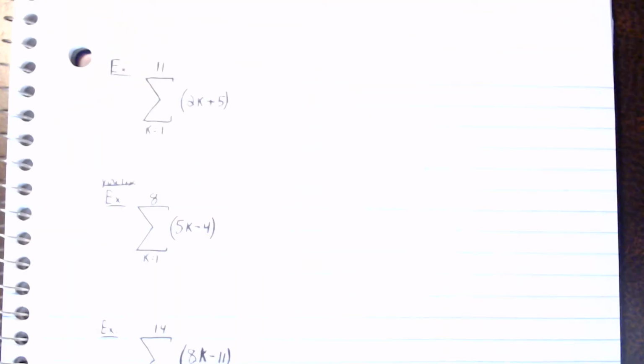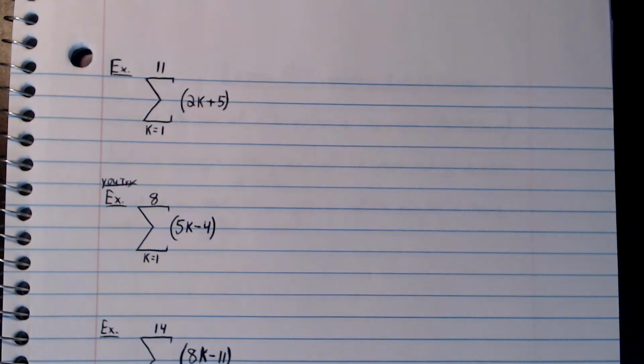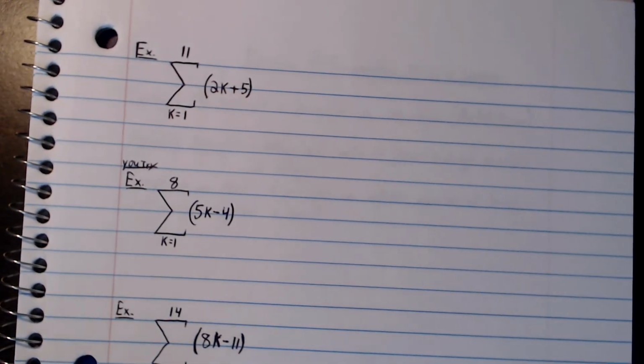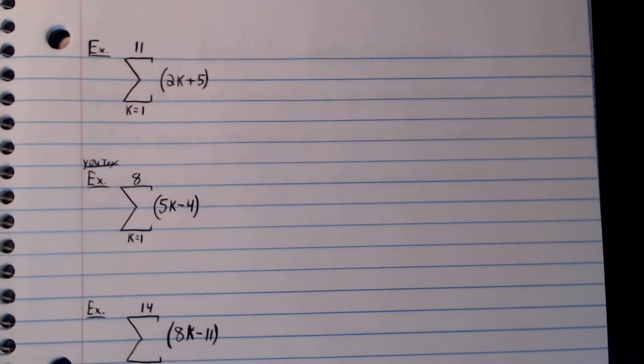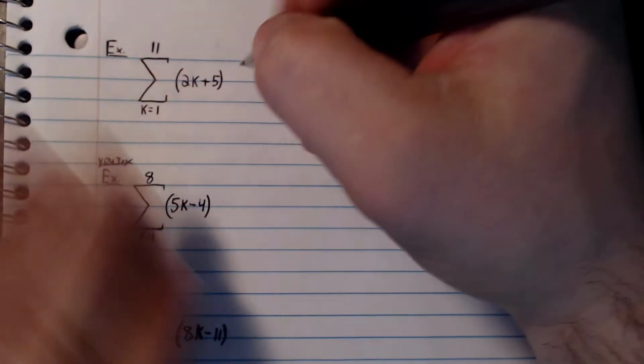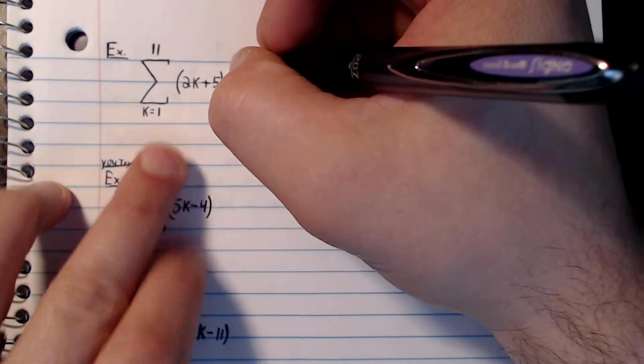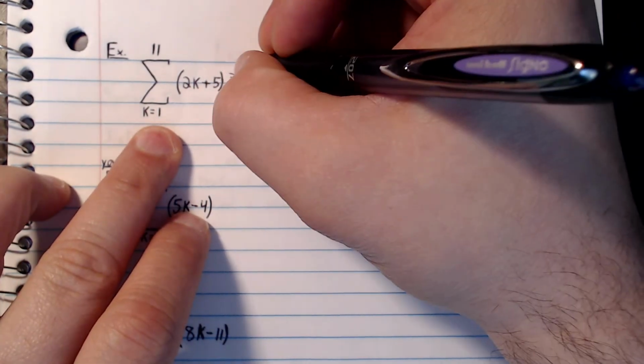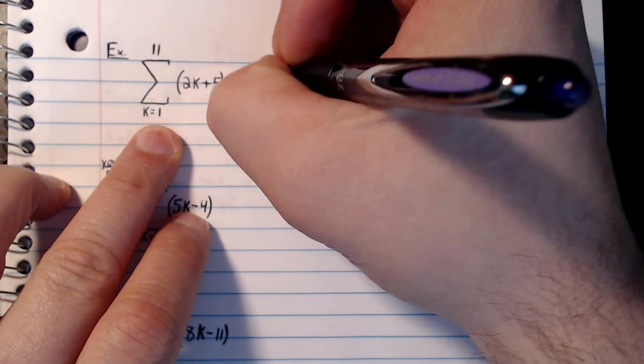So I'm going to do another one with you before I give you one to try out on your own. By the way, this is the last page for this lesson. So we're almost done. So we're going to find our first term. K equals 1. So we're going to do 2 times 1 plus 5.